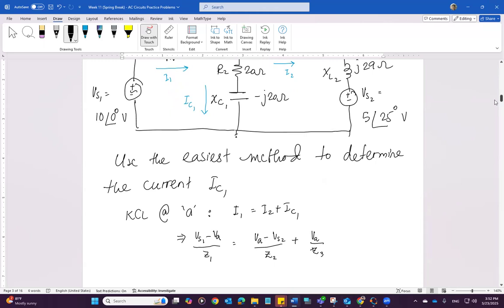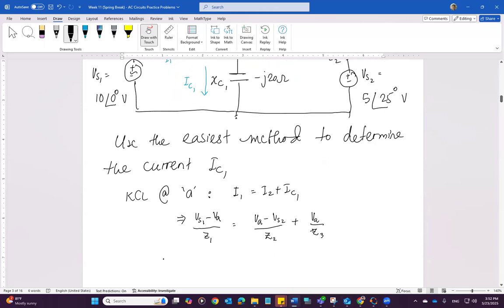And then, since VA is what we're looking for, VA is going to be on one side of the equation, and everything else on the other side. So I'm going to take this VA over Z1 on the right side, and bring VS2 over Z2 to the left side. So I will have VS1 over Z1 on the left side, and VS2 over Z2 is going to become positive, so plus VS2 over Z2.